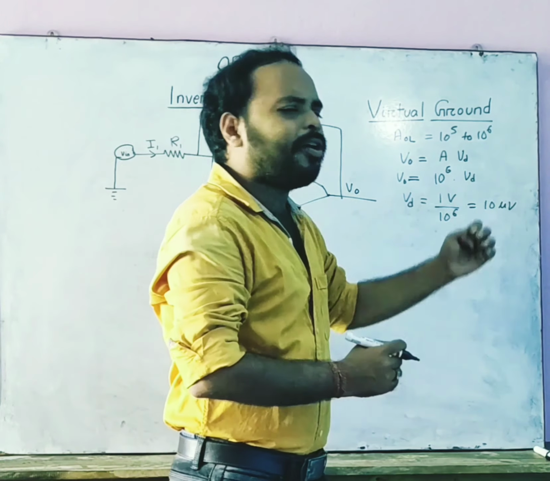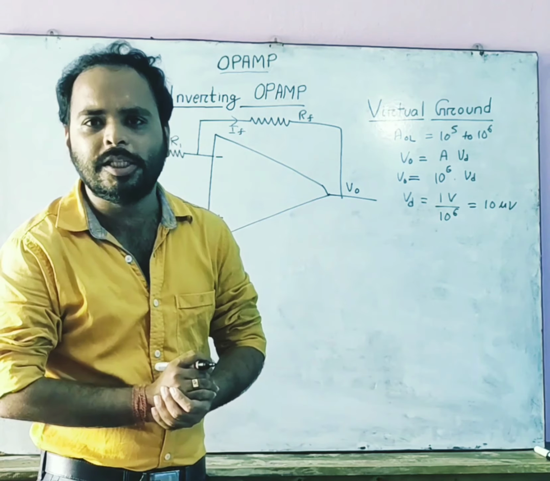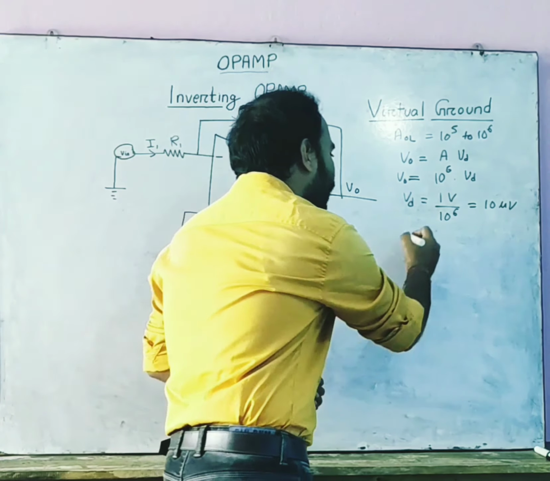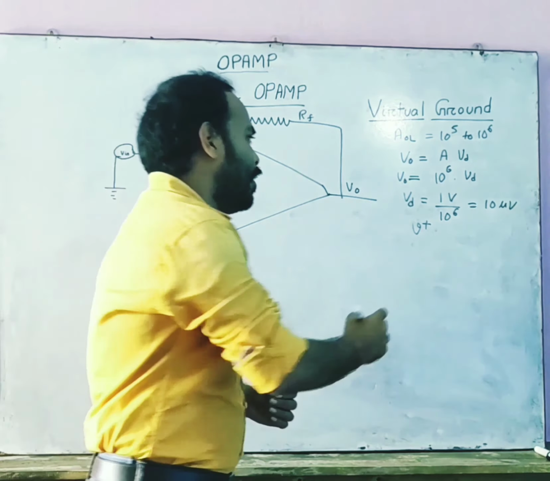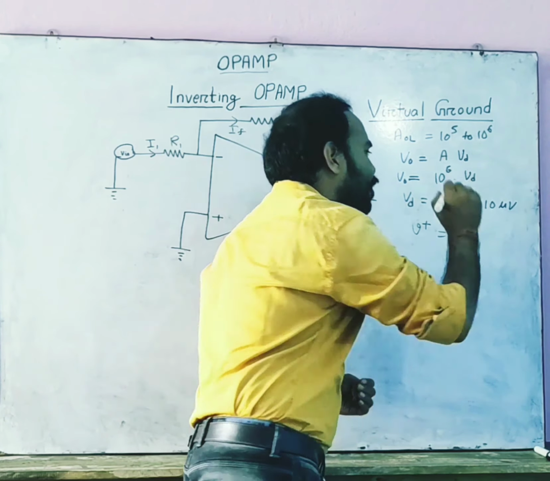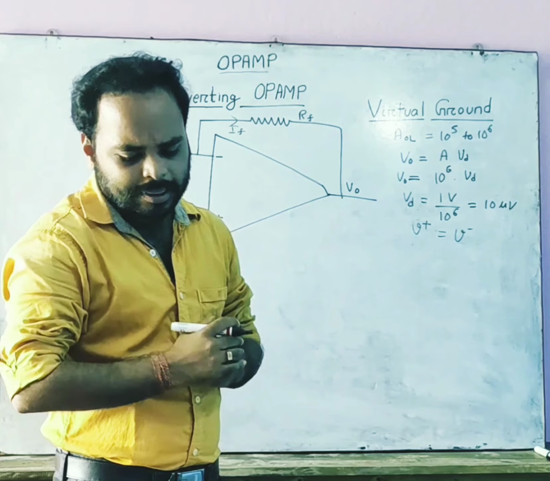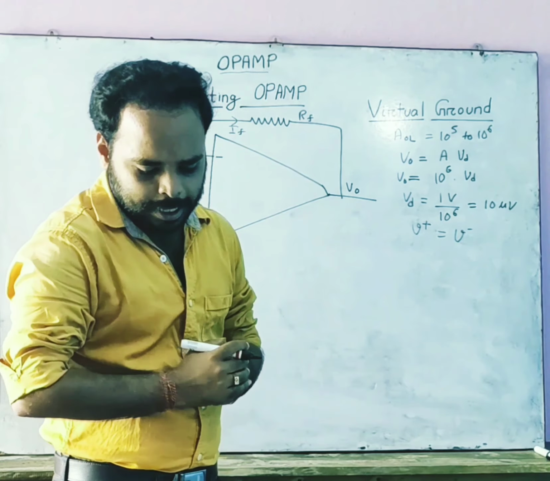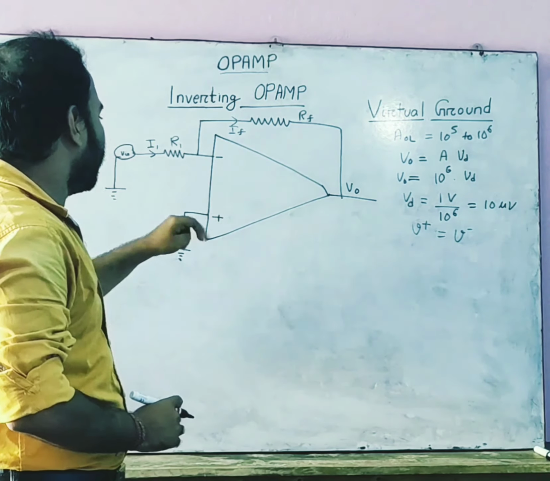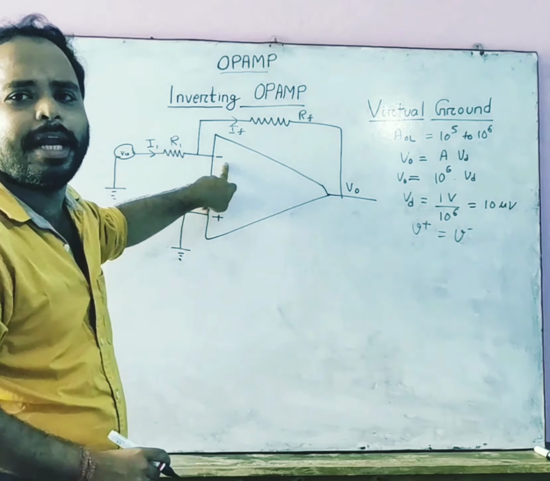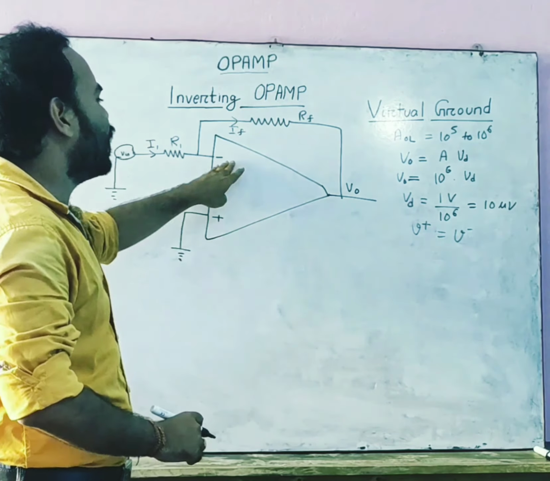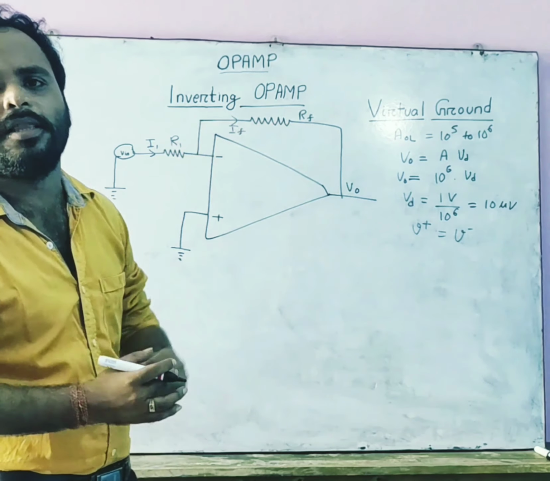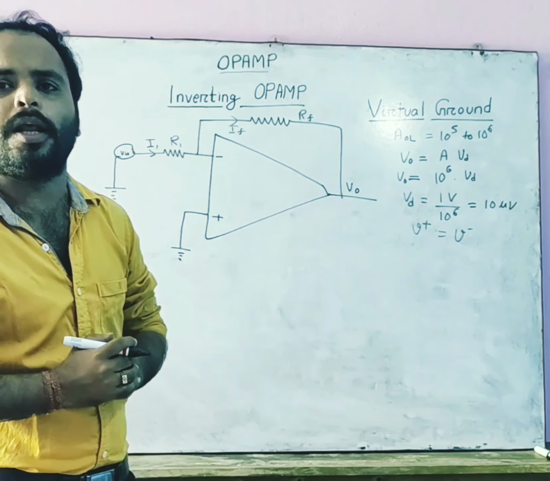Now, this is a very small and negligible quantity, and hence we can say that the voltage at the positive terminal is equal to the voltage at the negative terminal. In this condition, the positive terminal is grounded, and the negative terminal will be equal to 0 volt. Still, it is not grounded, and hence this condition is called the virtual ground condition.